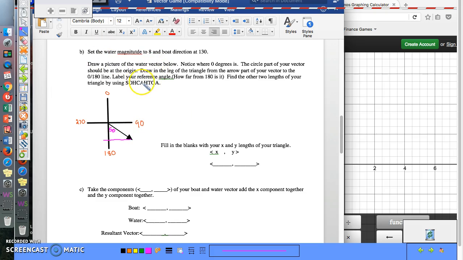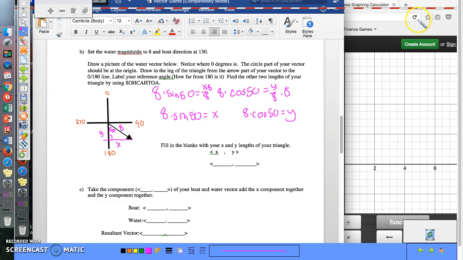What should our hypotenuse be? 8, x, and y. So we can set up those trig functions again. The sine of 50 equals x over 8. Cosine of 50 equals y over 8. Multiplying by 8, 8 times the sine of 50 equals x, and 8 times the cosine of 50 equals y.